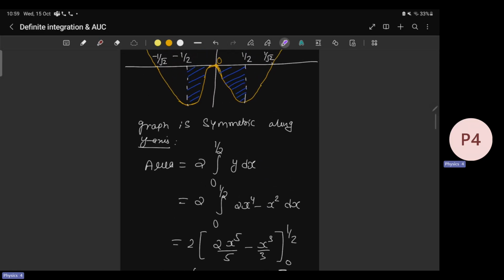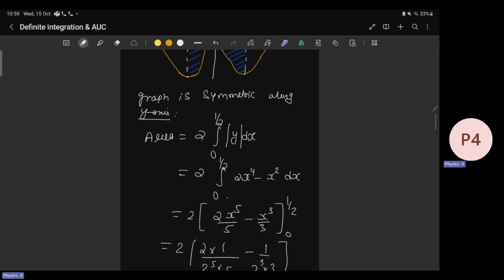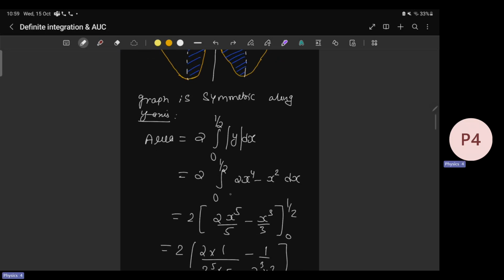So y equals 2x to the power 4 minus x square. Now integrate from 0 to half, and finally we will take the modulus.